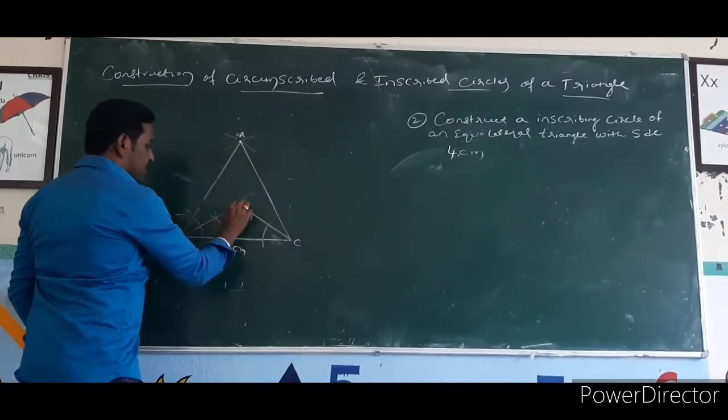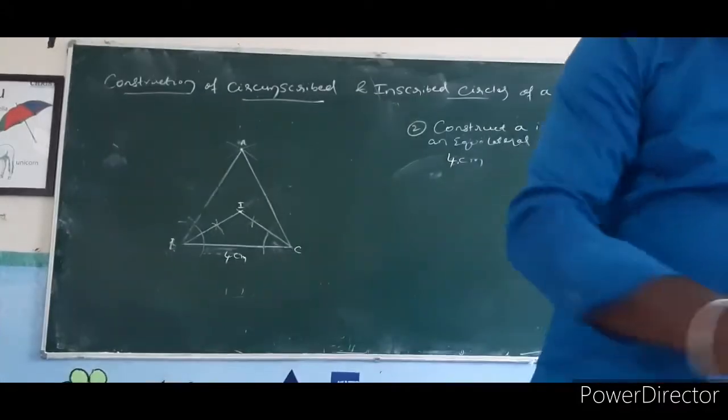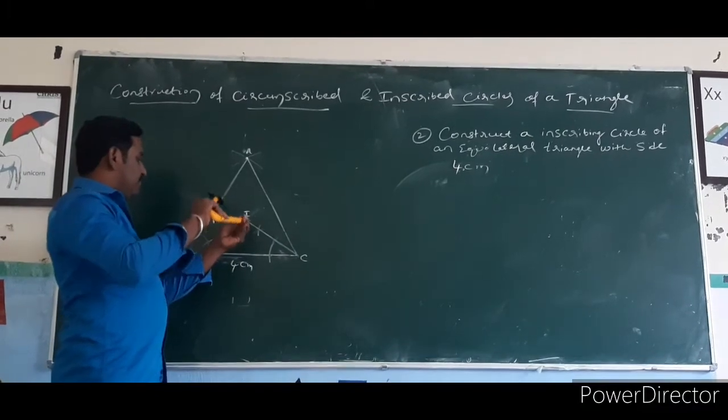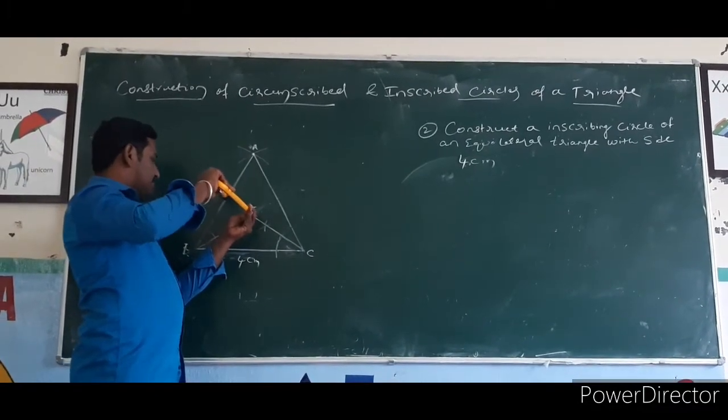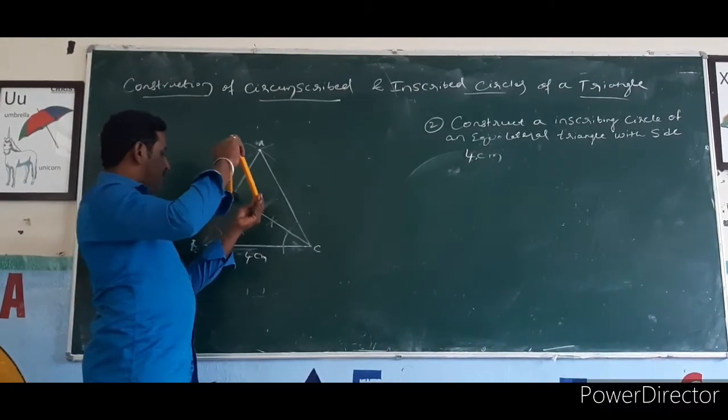The two angular bisectors meet at this point I. Next, you can take the distance from these two sides, and next you can construct a circle.